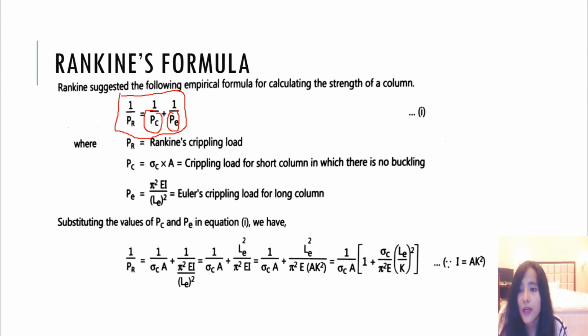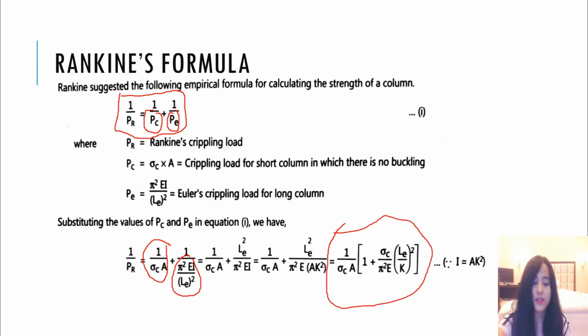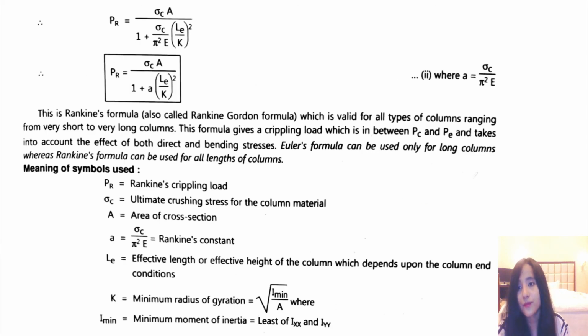So if we replace PC with sigma C times A and replace PE with pi square EI over L squared, replaced here and here also, then if you add all of this, finally you will get this. So this is the Rankine's formula. Let's see in the next slide. So this is what you will get.